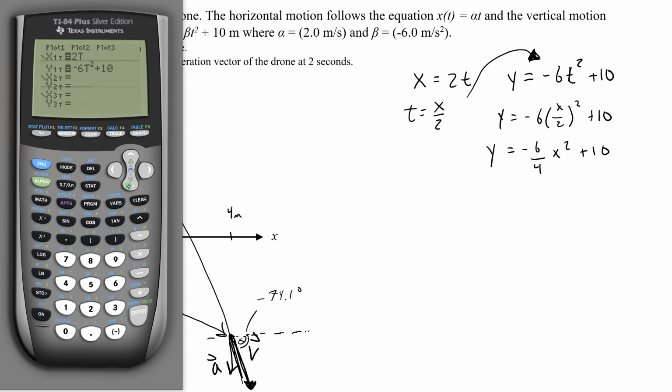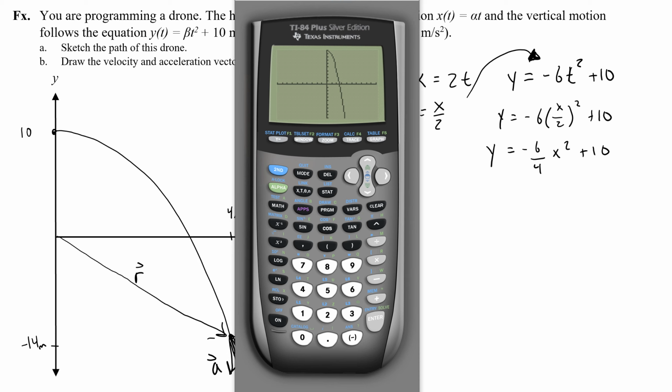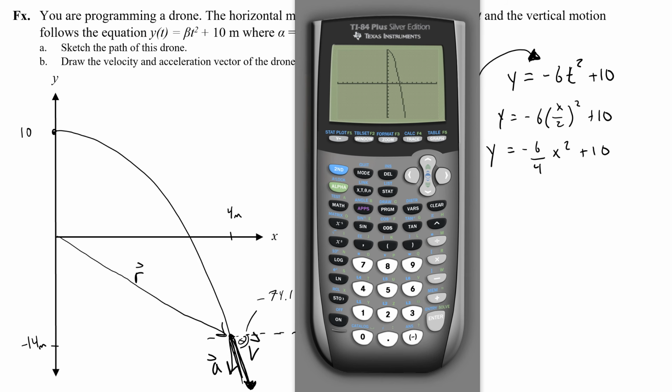Let's say 2t, and then negative 6t squared plus 10. Okay, great. So if I graph this, I get exactly what we were just looking at. So this is what you would use if you were asked to graph something a little bit more complicated, and you weren't necessarily sure what to do with x and y.